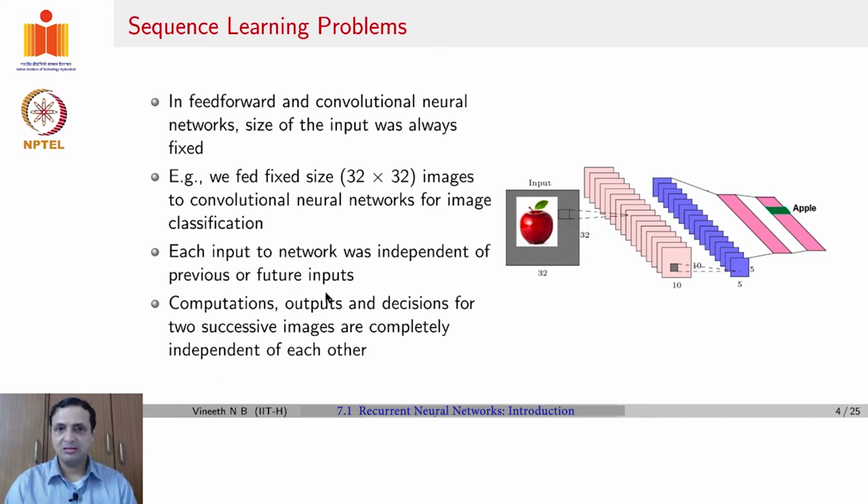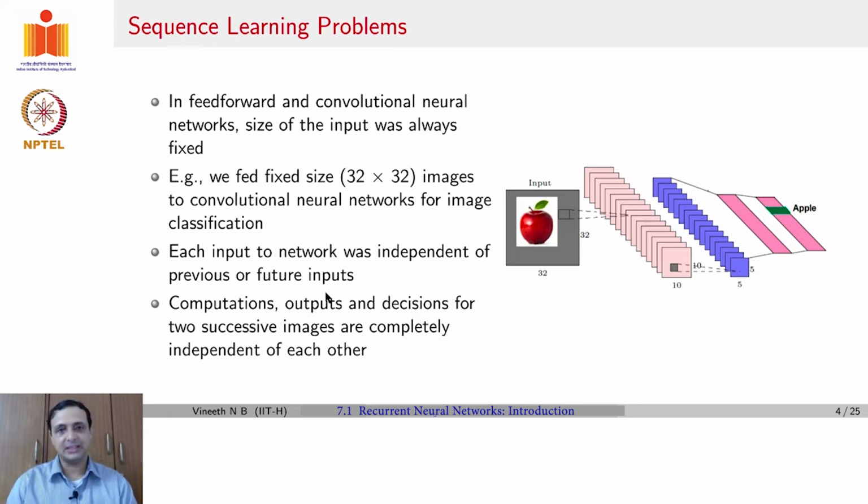What do we mean? This also relates to the common property called IID, which we associate with datasets in machine learning. IID stands for identically independently distributed.